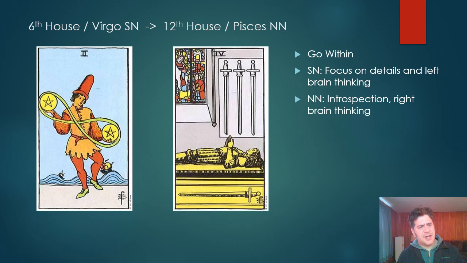So looking at the 6th house Virgo south node that transitions into the 12th house Pisces north node. Oh, let me back up a second. In each of these examples, I mention a house and I mention a sign.